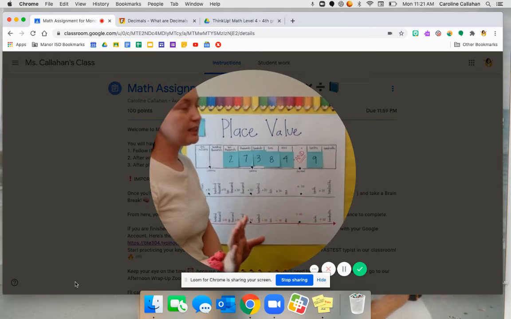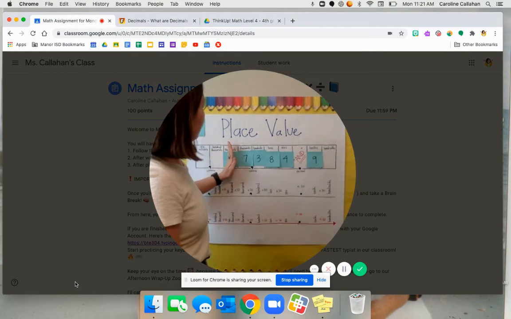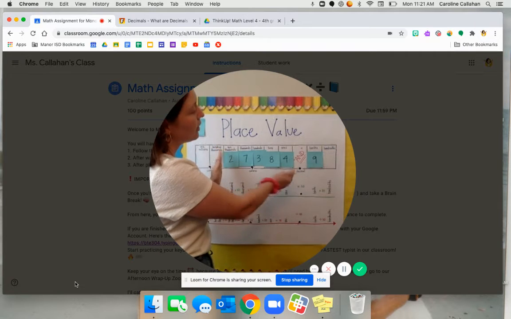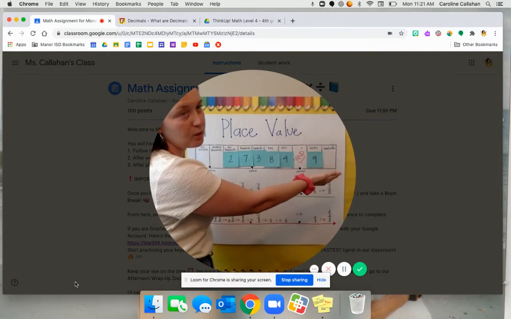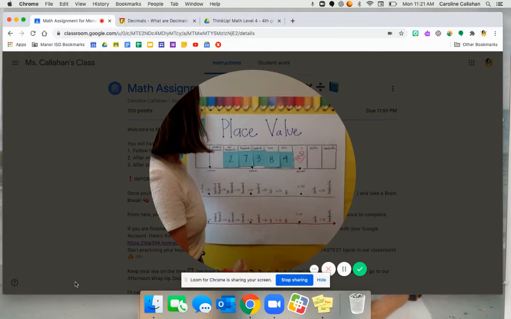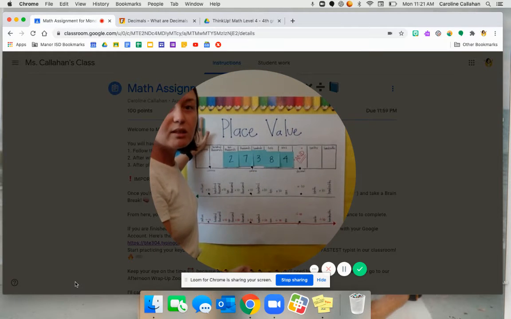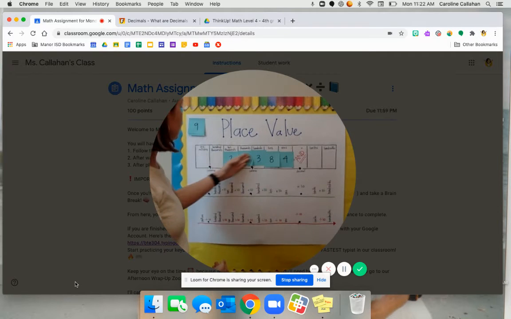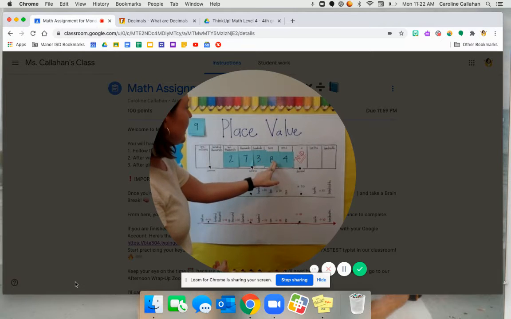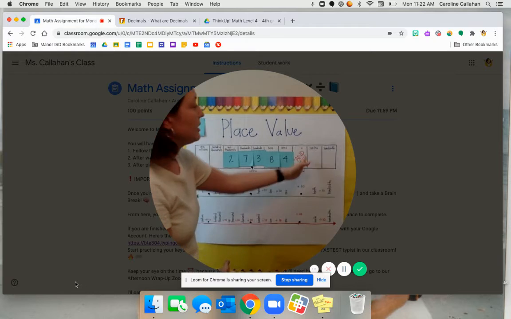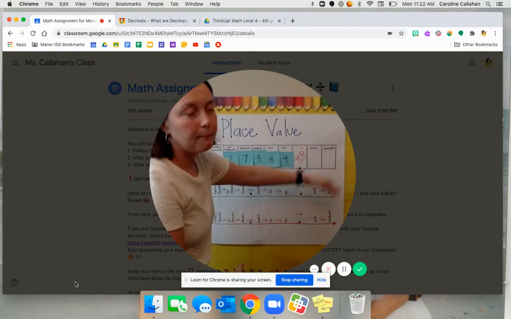I know this sounds crazy, but to the left of the decimal, we have always been working with whole numbers. To the right of the decimal, we are going to start working in 4th grade with fractions of numbers, okay? So, if we look at this number, 27,384, we don't need to say and because there's nothing that follows it, right?